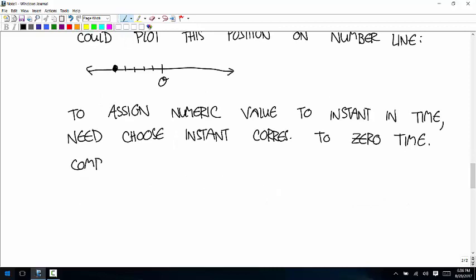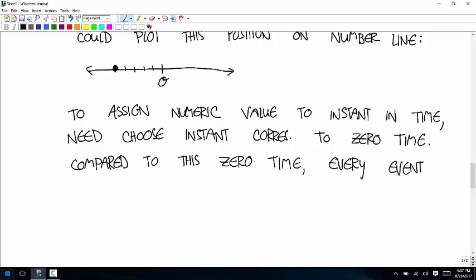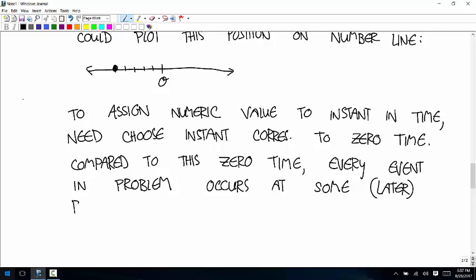So compared to this 0 time, every event in a problem occurs at some later positive time value.